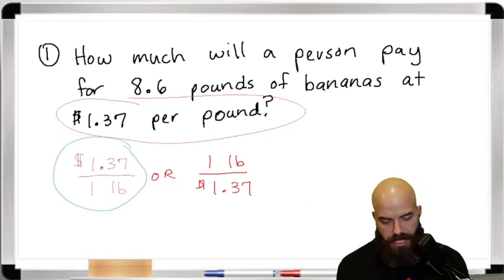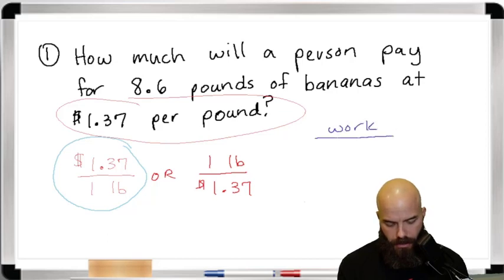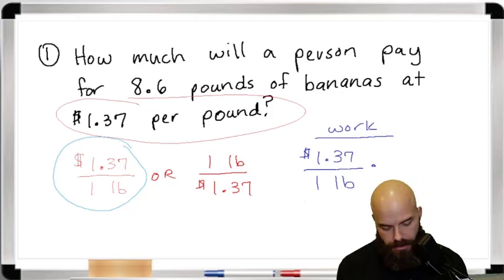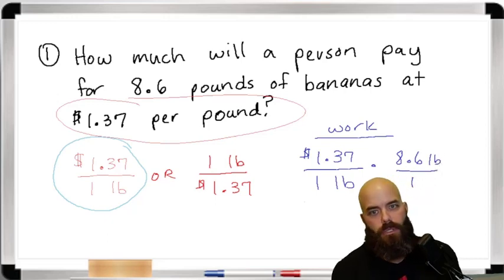Now that I know I'm going to use that conversion factor, I'm going to say $1.37 per 1 pound of bananas. And then how many pounds were we trying to buy? 8.6 pounds. And we can just write that as a fraction by writing it over 1.